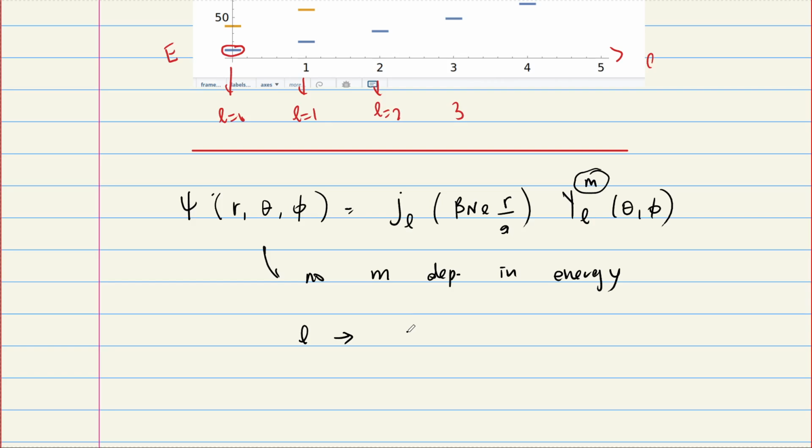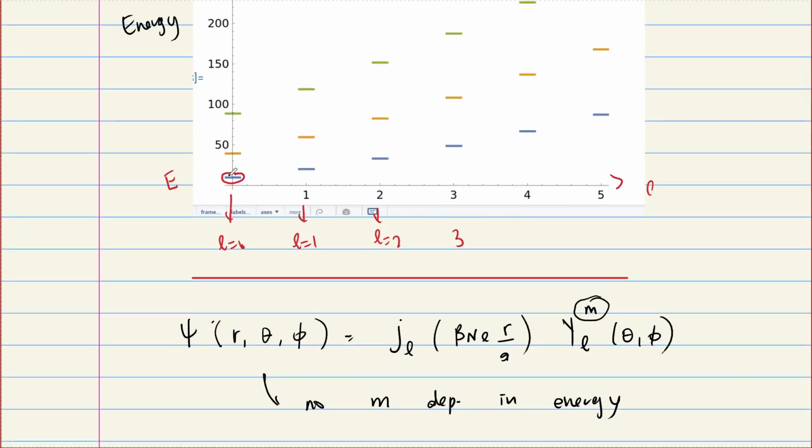If L is equal to 0, M is equal to 0. If L is equal to 1, M is minus 1, 0, 1. Exactly. M can go from minus L to L, which is going to be 2L plus 1. And that means each level is 2L plus 1 degenerate.